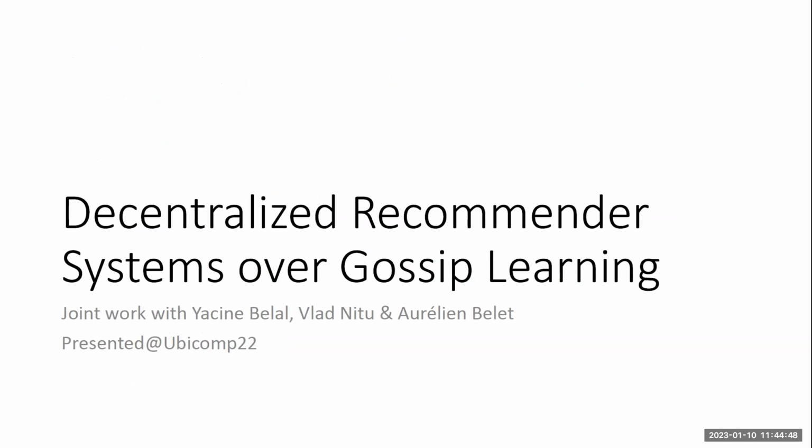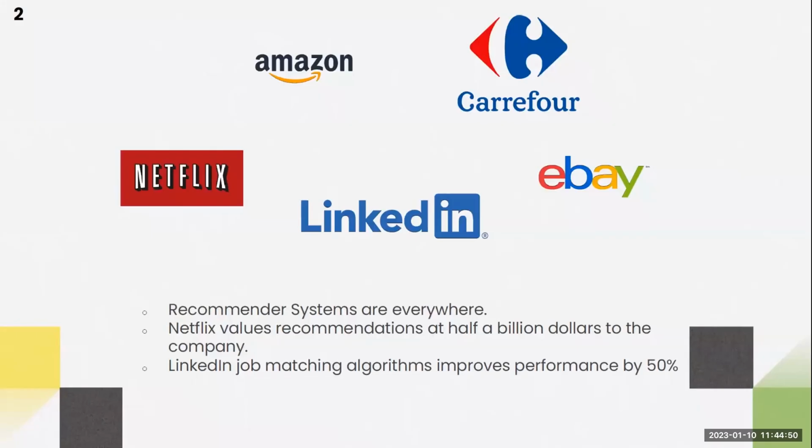Okay, so decentralized recommender systems. Recommender systems are one of, I would say, the main online services that we use today. And they are actually in many online services. Of course, in live streaming platforms, like VOD platforms, sorry.